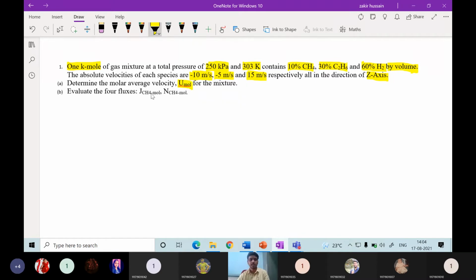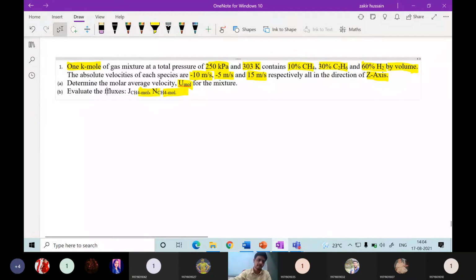Then evaluate 4 fluxes, meaning J_CH4 mole and N_CH4 mole, and along with that the mass ones we can also calculate easily. But they have asked for 2 fluxes, J_CH4 mole and N_CH4 mole. So how to calculate this, we'll see.